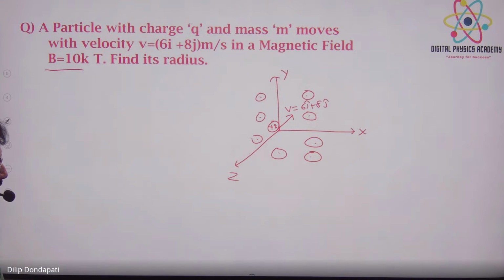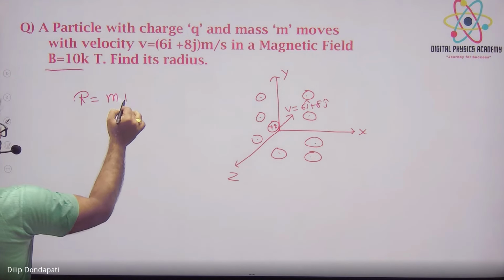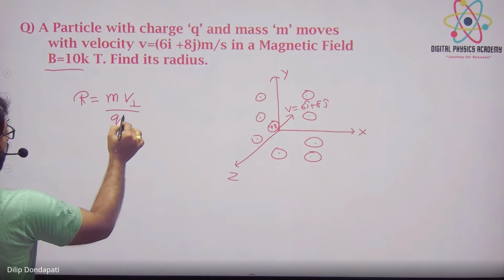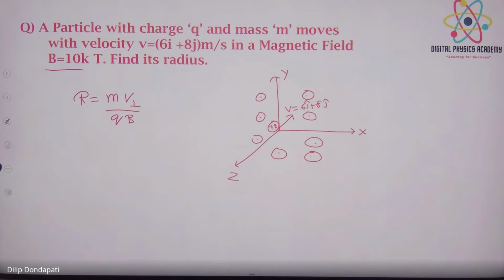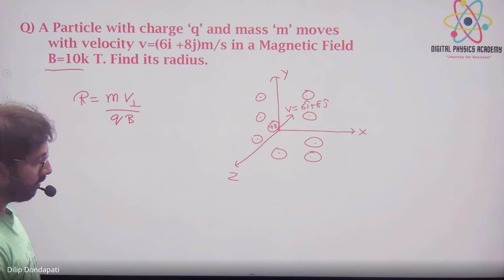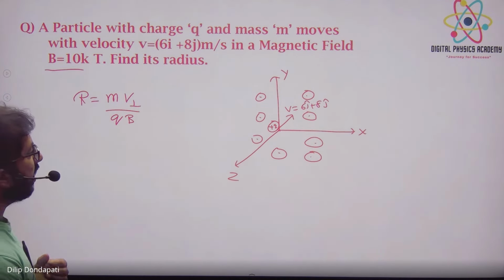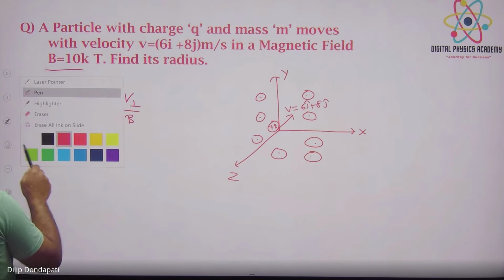Now लगाओ, R पेंट करो, m v perpendicular by qB. Now perpendicular velocity क्या रहेगा? So the velocity itself is perpendicular, 6i plus 8j.